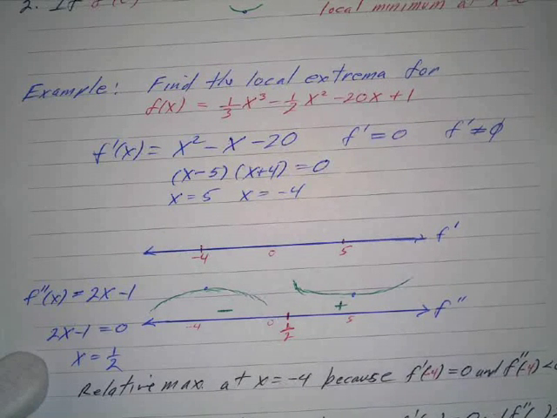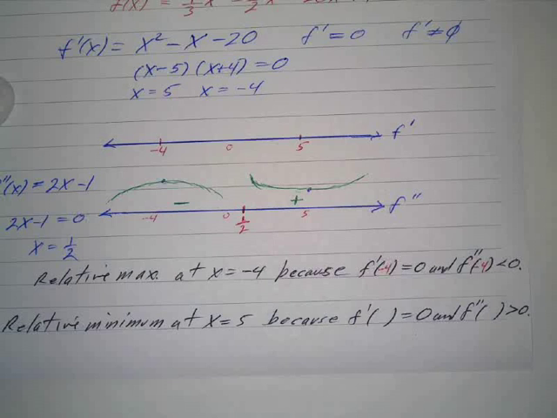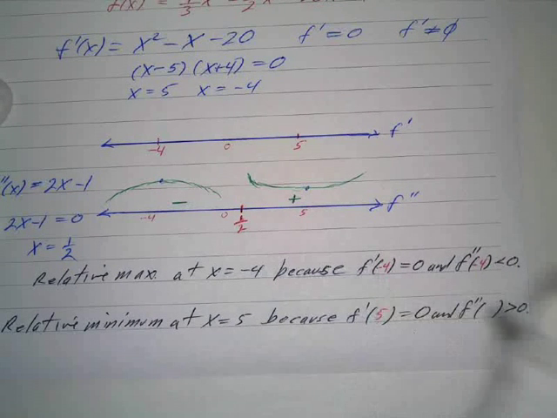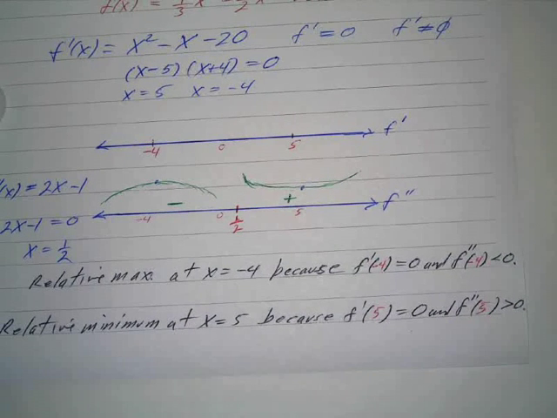It's greater than 0. So now we have a relative minimum at x equals 5 because f prime of 5 equals 0 and f double prime of 5 is greater than 0. Okay, so we have a relative minimum, okay?